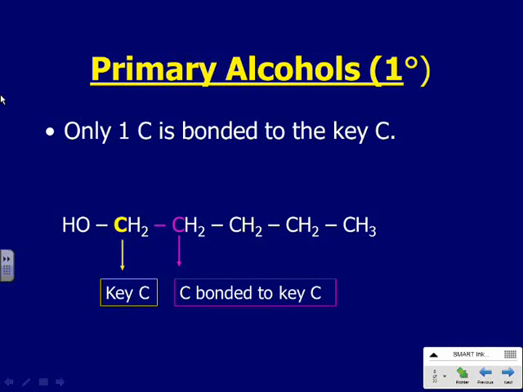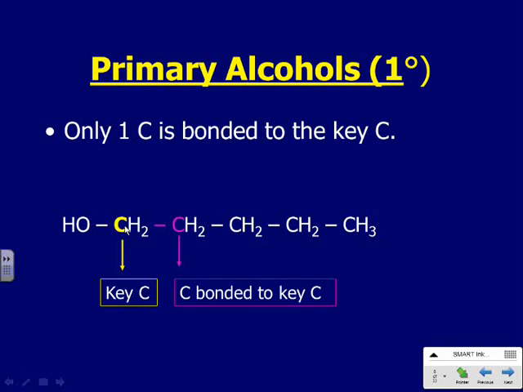So primary alcohols are indicated with a 1 and a degree sign. Sometimes they're called first degree alcohols, also known as primary alcohols. The way we distinguish a primary alcohol is to locate the OH and then to look at the carbon that it's bonded to.